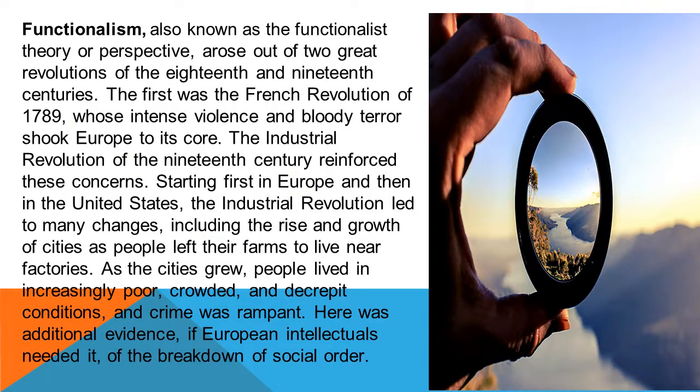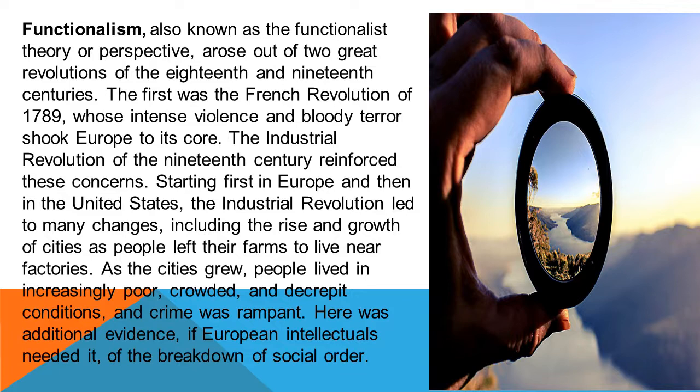Next is functionalism, also known as the functionalist theory or perspective, which arose out of two great revolutions of the 18th and 19th century. The first was the French Revolution of 1789, whose intense violence and bloody terror shook Europe to its core.